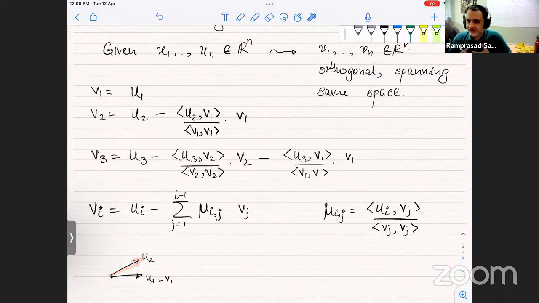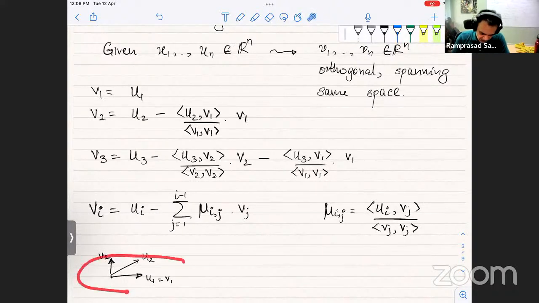U2 appears to be giving me some new components, but part of the component is already in the space I am in currently. So I want to get rid of the component of U2 that is in this space, and only take the orthogonal component. This is what we said was V2.